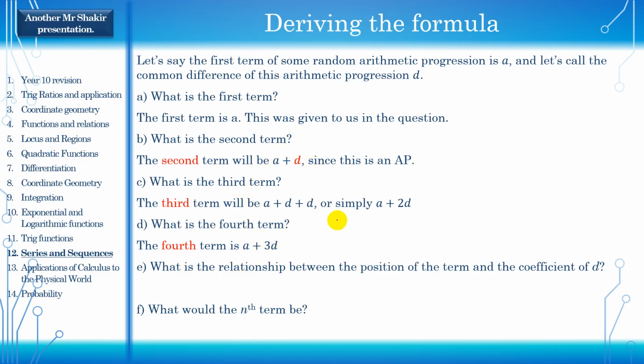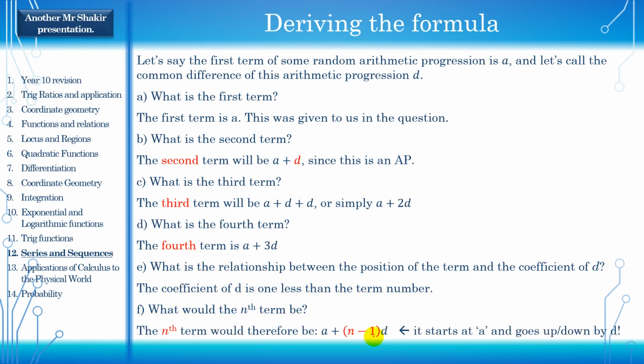Try and figure out a pattern, and pause the video if you need to. The answer is quite simple. The coefficient of D is 1 less than the term number. So what would the nth term be? If I asked you to find the nth term, it'd be A plus (n minus 1)D. It starts at A and goes up or down by D. That's why I wanted you to get used to thinking of it like that.